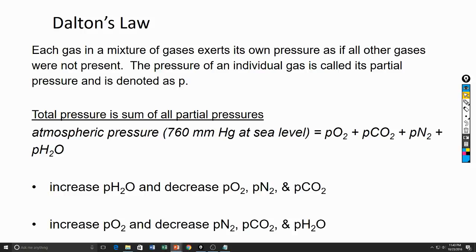So atmospheric pressure is 760 millimeters of mercury at sea level, and that is directly proportional to our pressure of oxygen, pressure of CO2, pressure of nitrogen, and pressure of water vapor. That's what our air pressure looks like, and we bring this up because I'm going to talk a little bit about air and how it relates to what's coming in and out of the lungs. Just want to bring this up so some things are made clear.